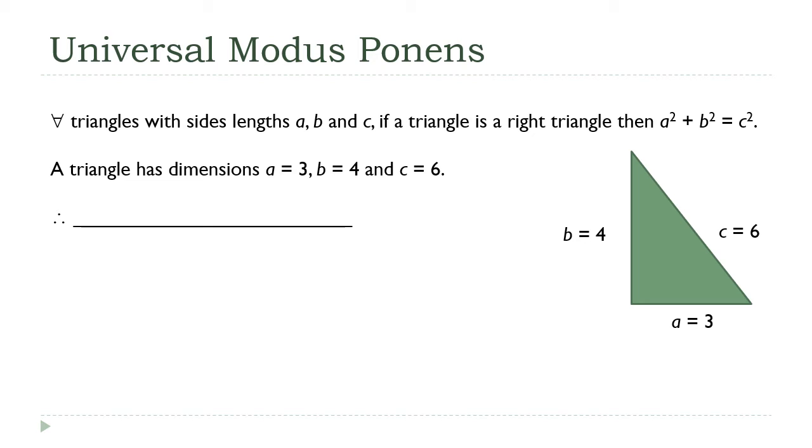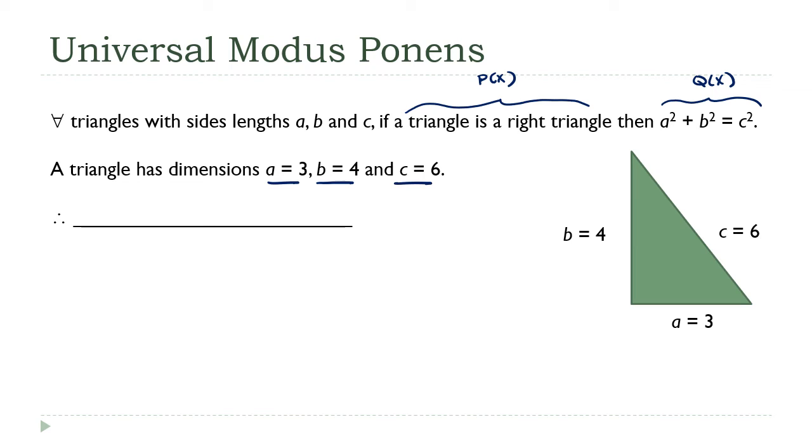Now, referring back to our formal version of the statement, P of X would be a triangle is a right triangle, and Q of X would be the length of the sides satisfy this equation, the equation from the Pythagorean theorem. Now, the second premise here gives the dimensions of a specific triangle, which you can see again illustrated in the diagram to the right here.